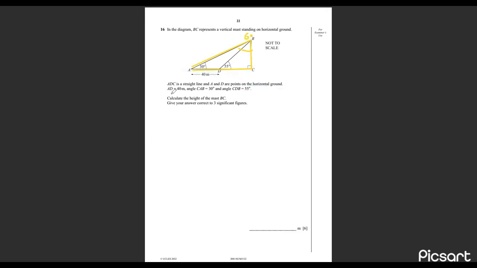Don't get confused about horizontal ground and vertical mast. AD equal 40. CAP equal to 30, and CDP equal to 55. Calculate the height of the BC.